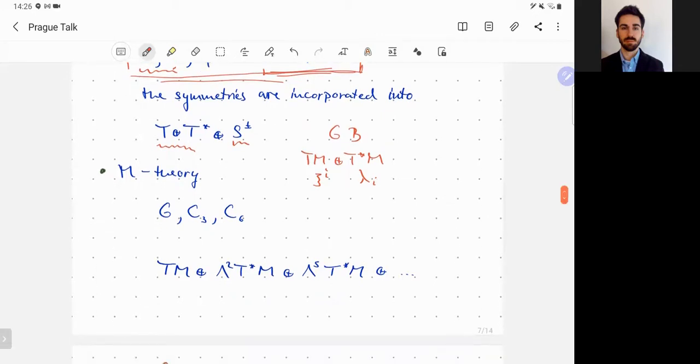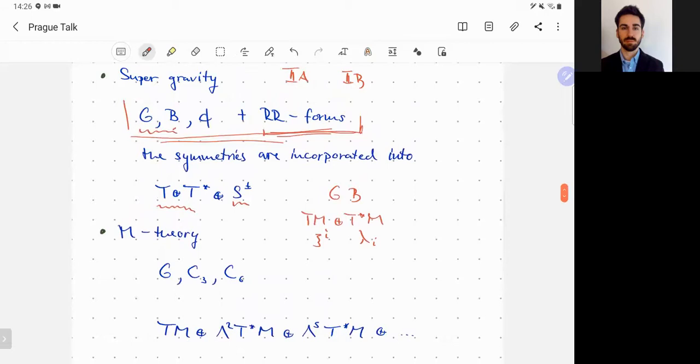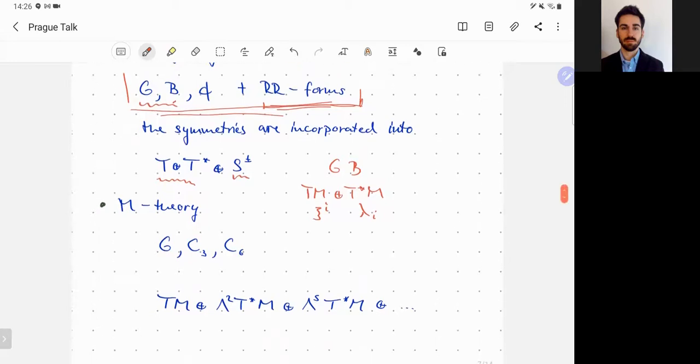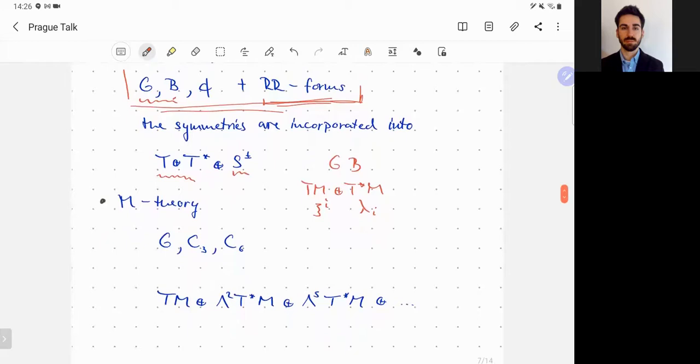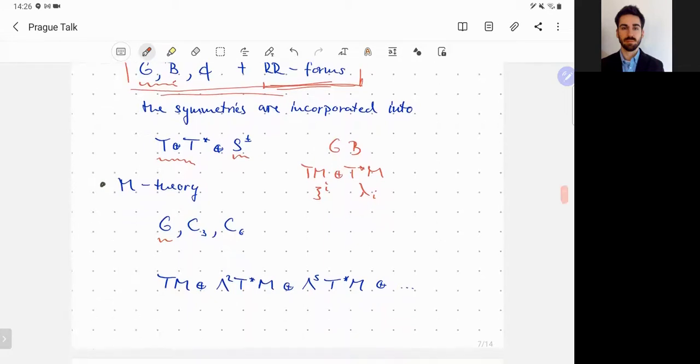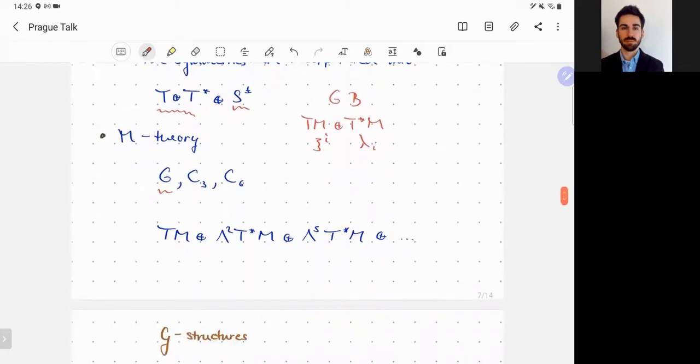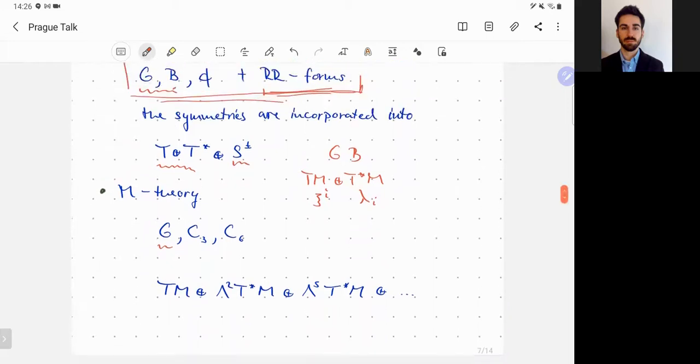In M theory, all this terrible bosonic sector of the theory recombines into a rather simple spectrum: the metric, 3 form and 6 form. The underlying bundle of symmetries is now something you can guess from the previous.